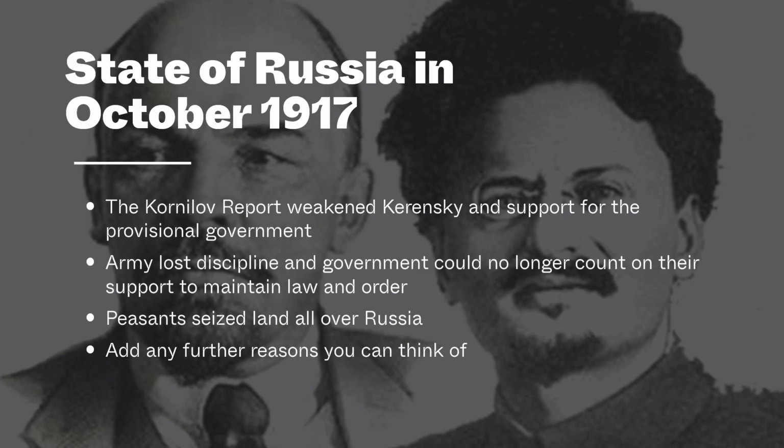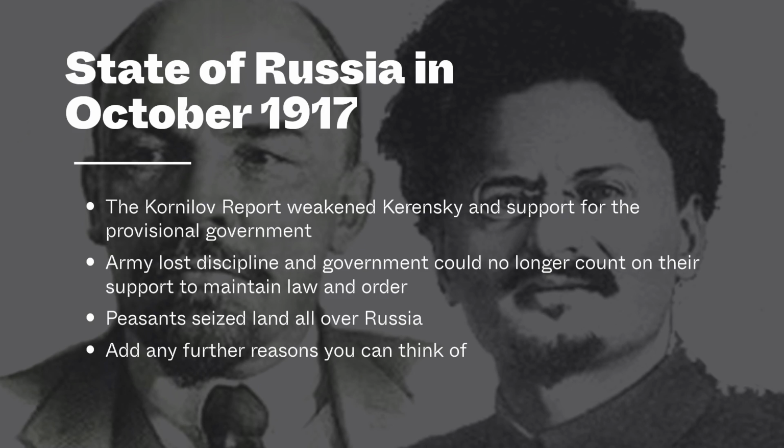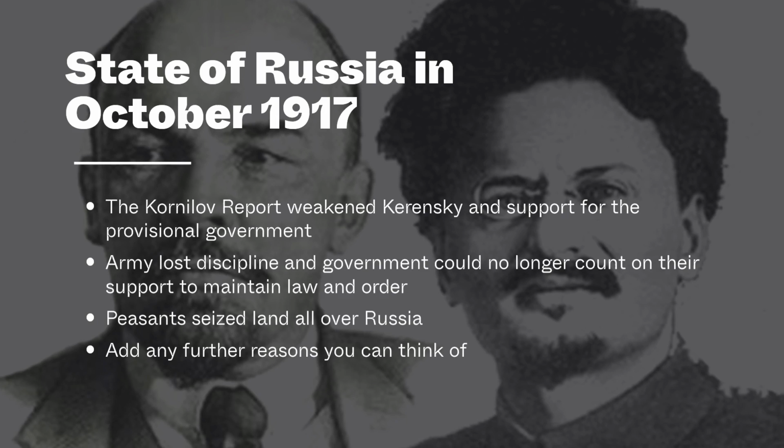Instead, ordinary people increasingly gave their support to the Bolsheviks. The army and navy had lost all discipline, and the government could no longer count on their support to maintain law and order. Peasants, many of whom were deserters from the army, were seizing land all over Russia, and the provisional government, having lost control of the army, had no way of stopping this.